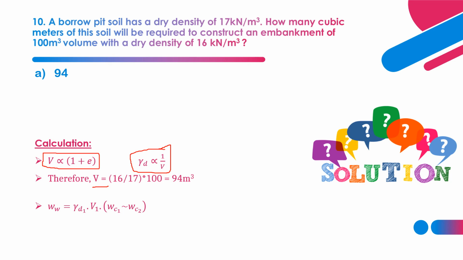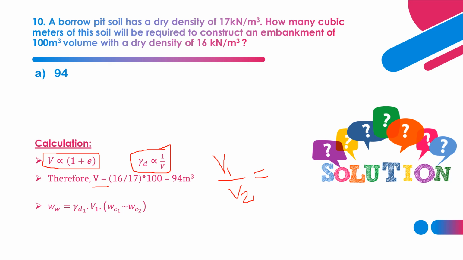How it is arrived? Because v1 by v2 is equal to what? For example, say v1 is nothing but volume of borrow pit, v2 is nothing but volume of embankment. So v is inversely proportional to gamma d, we know.